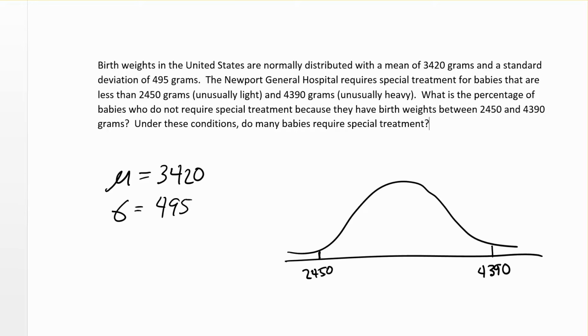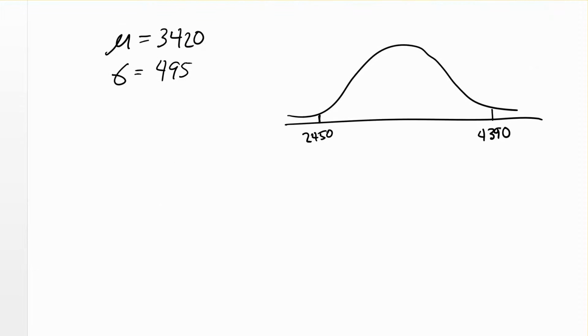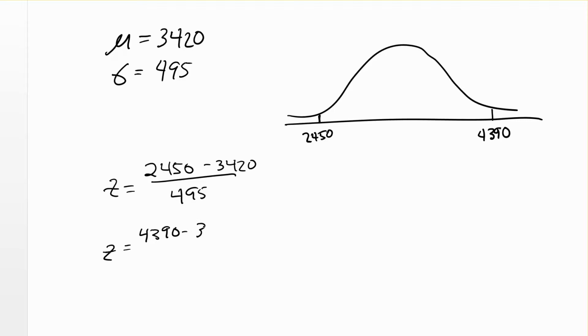So the z-score associated with 2450, we take 2450 minus the mean, 3420, divided by 495. That'll be one z-score. The other one will be the unusually heavy babies, 4390 minus 3420, divided by 495. So we want to evaluate both of these.